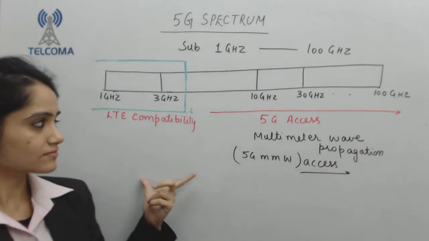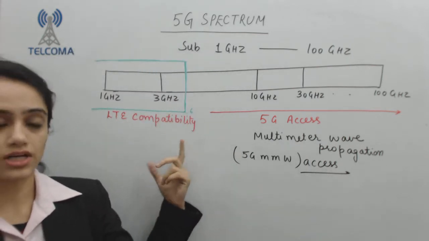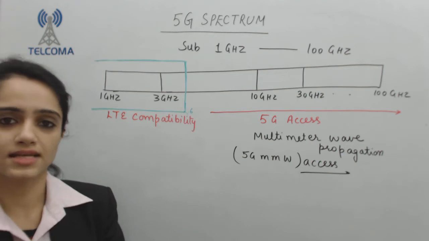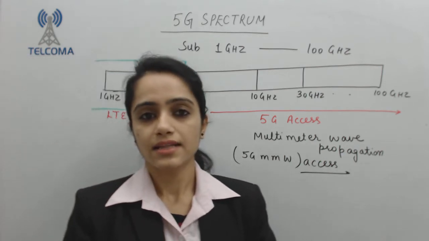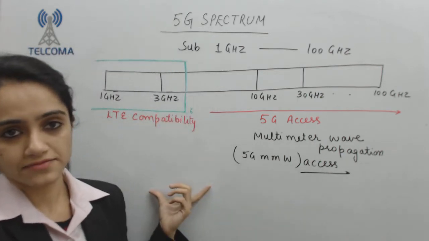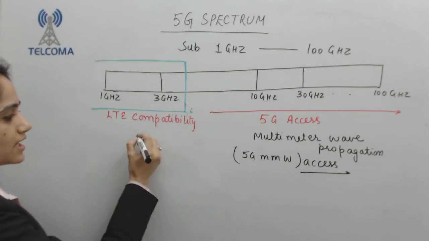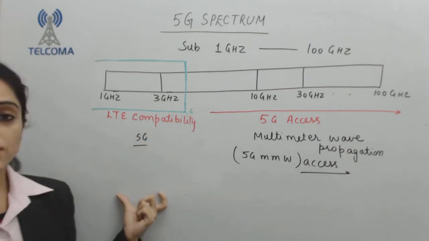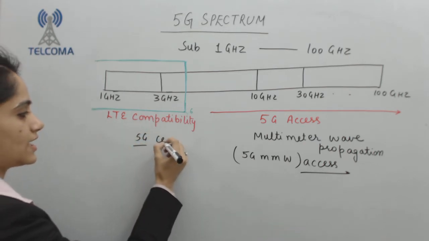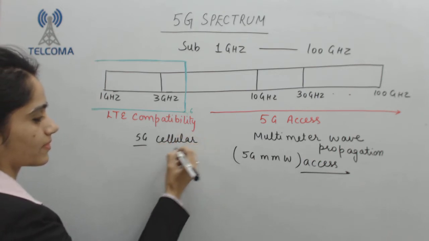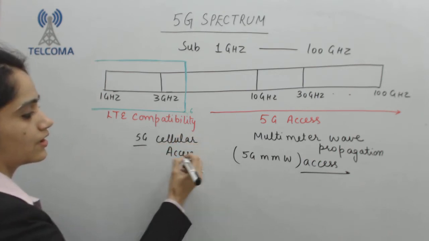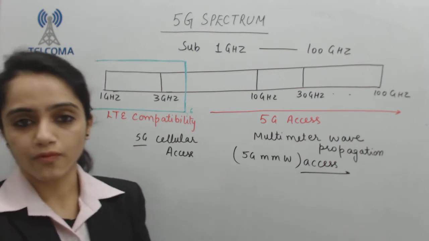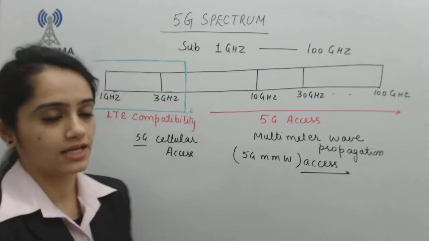Now this band is LTE compatible, so it can be used for 5G. Where can this band be used for 5G? For 5G cellular access, where we require high performance and wide coverage area.